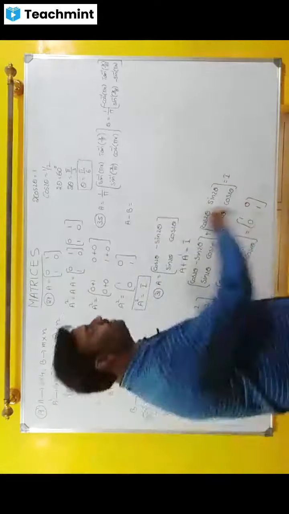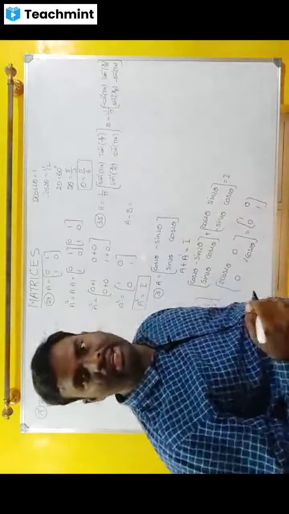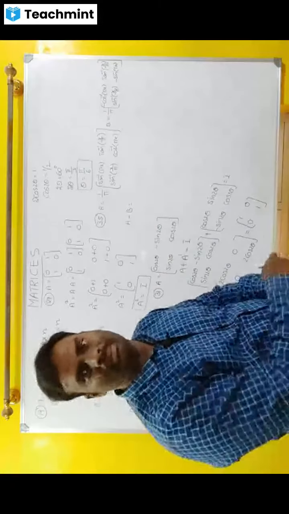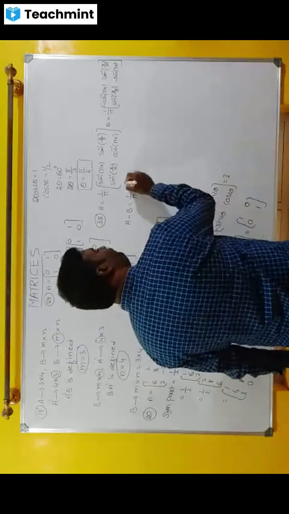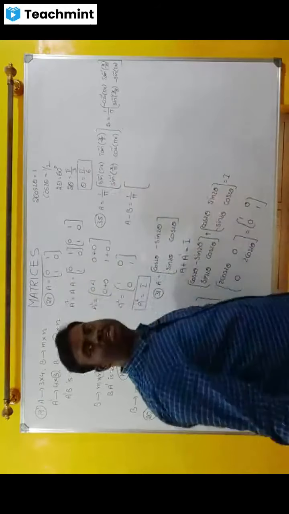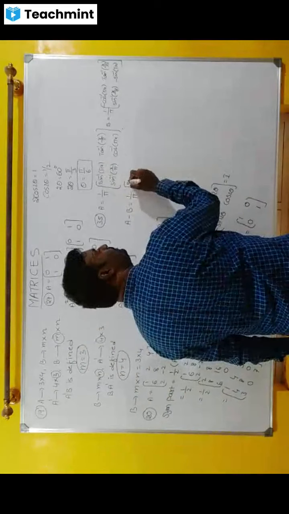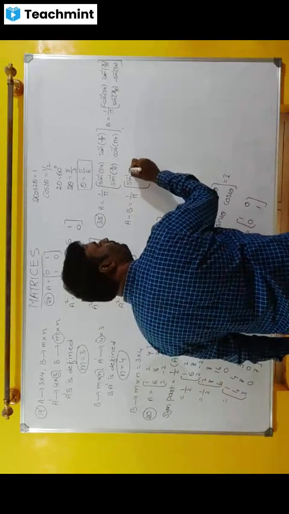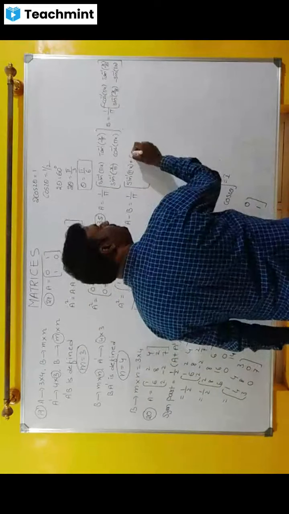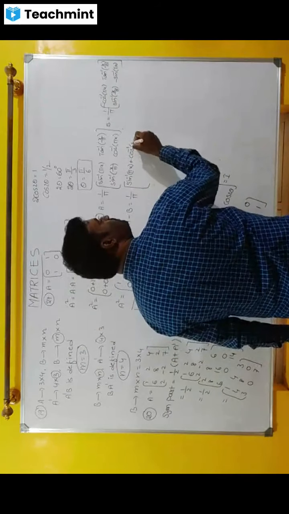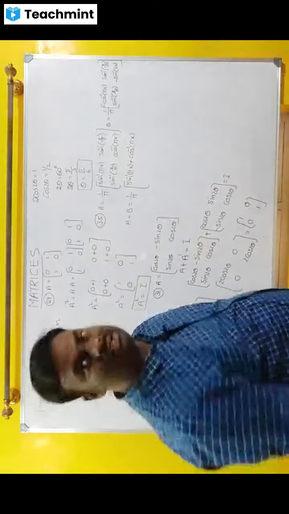Here 1 by pi is there, and here 1 by pi is there, that's why we can take 1 by pi as common. What is the first term? Sin inverse pi x, minus of this minus, plus cos inverse pi x. What is the second term here?